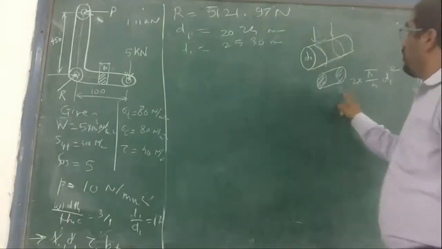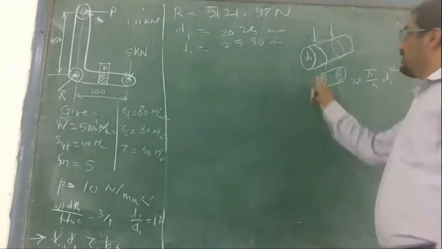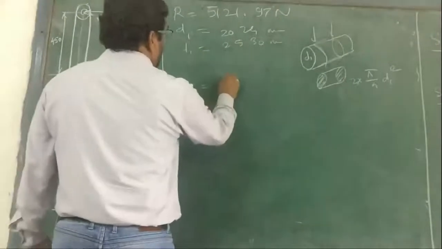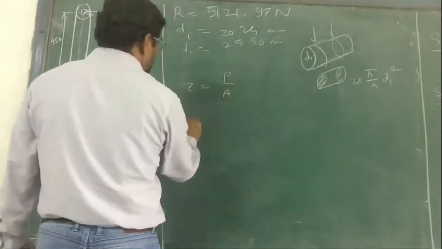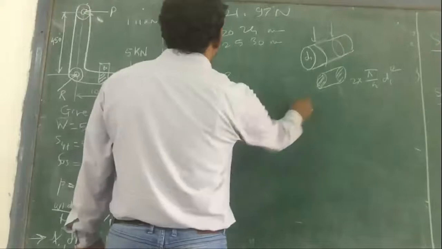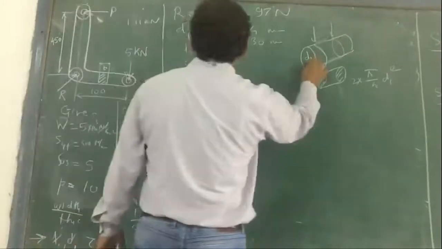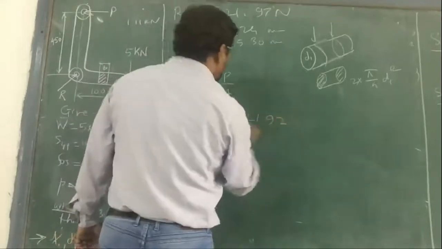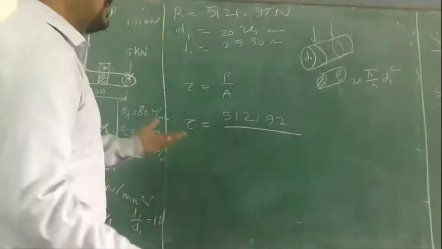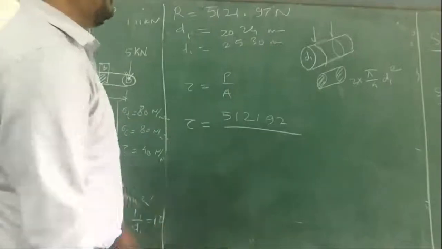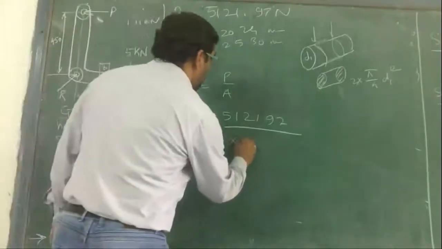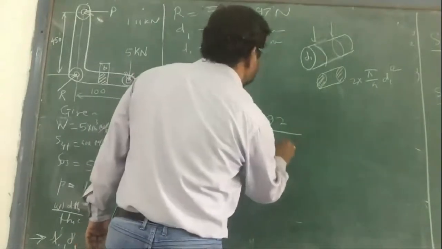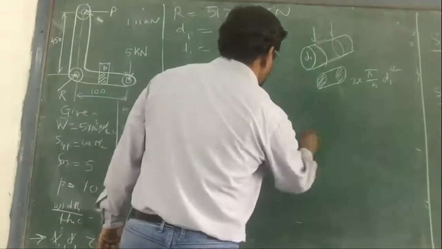Now the shear stress tau is equal to P upon A. The shear stress at the fulcrum pin: what is the load? The load is R, which is 5121.97. The area resisting the double shear is 2 into pi by 4 into d1 square, where d1 is 20.24.